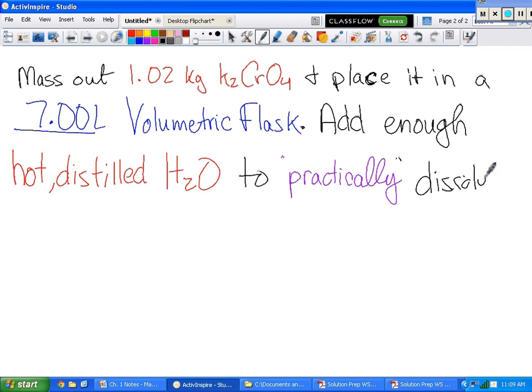What's wrong? You okay? You sure? Okay, just making sure. So, we're going to mass out the starting compound. We're going to put it in a volumetric flask. We're going to add enough hot distilled water to practically dissolve the solid.